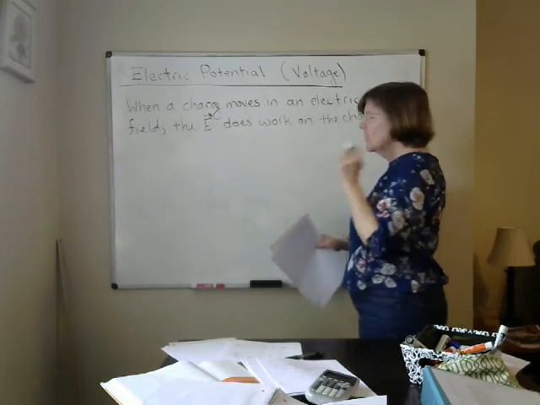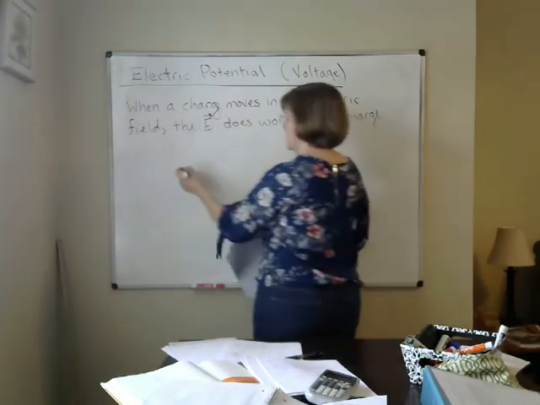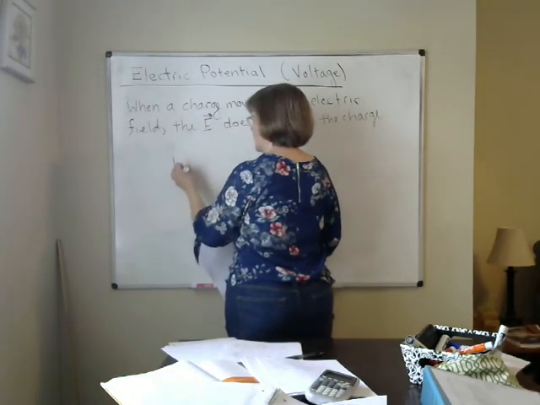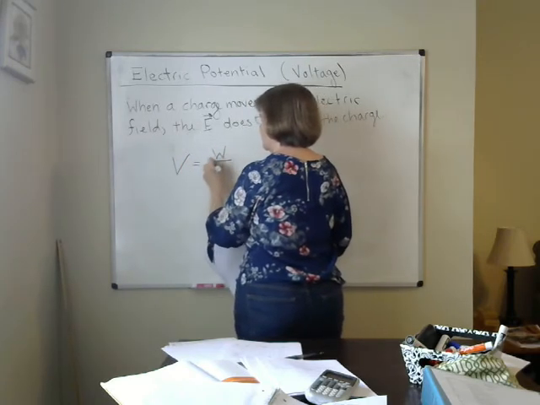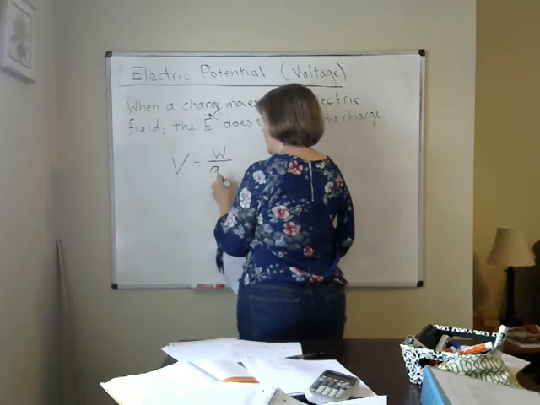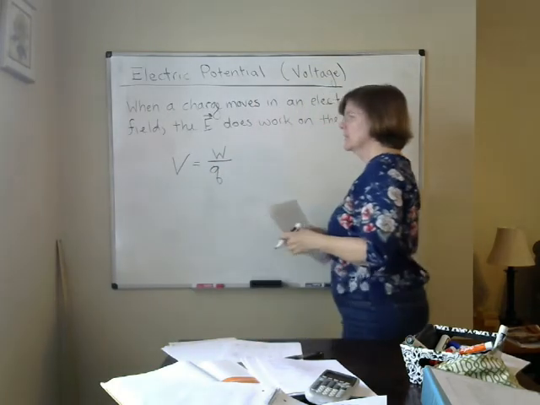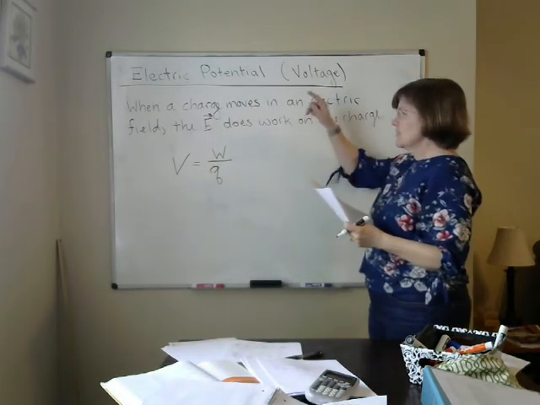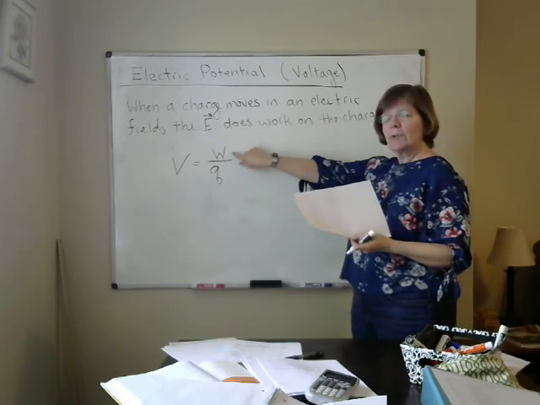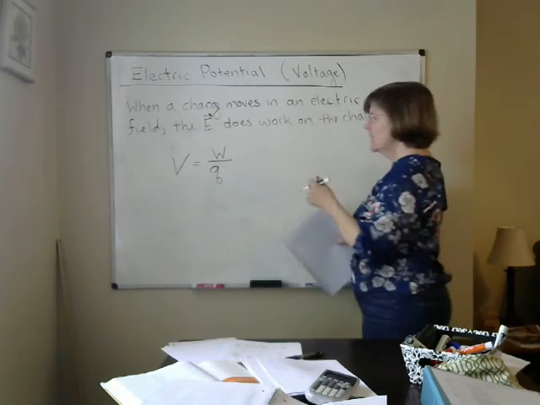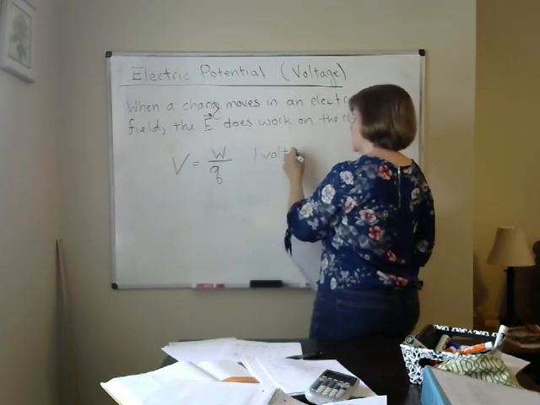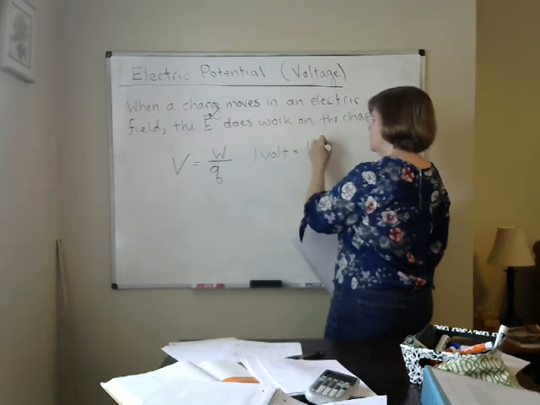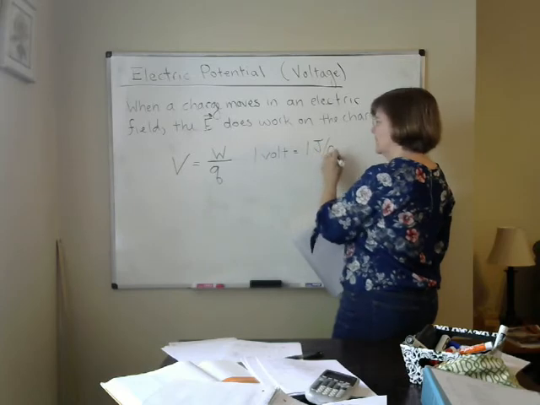So, voltage by definition equals the work done on a charge divided by the charge. So it's not energy, but work has the same units as energy. We define 1 volt to equal 1 joule per coulomb.